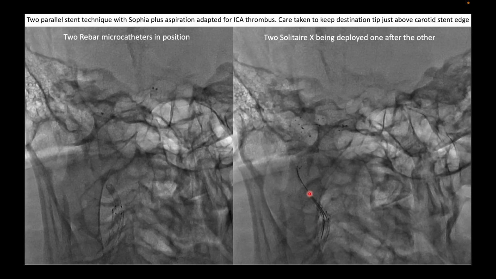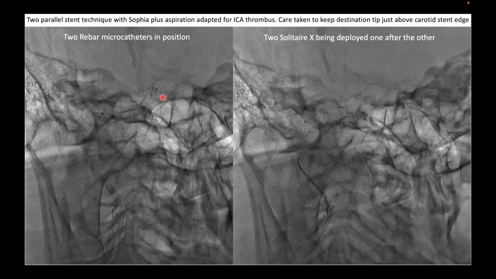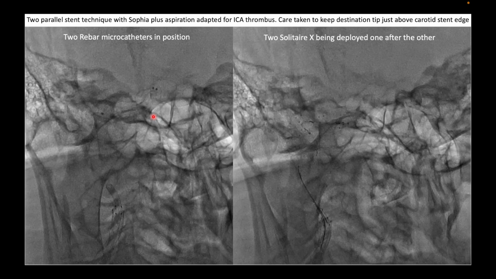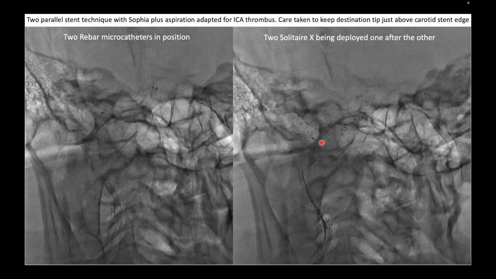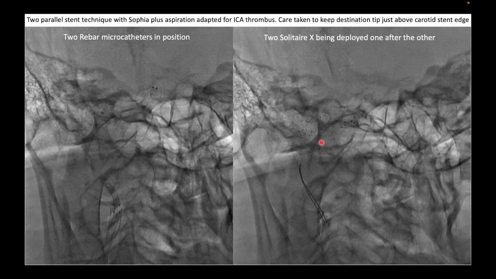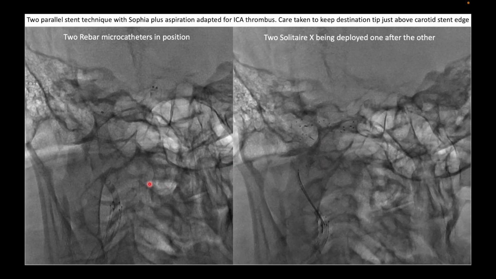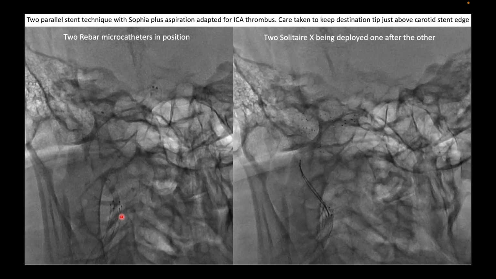You can see here the tips of the two microcatheters that are placed in the internal carotid artery, and through these two, the two stent retrievers, Solitaire X 4 by 40, were deployed. Now these stent retrievers are deployed parallel to each other, and you can see the Destination sheath is above the level of the stent.